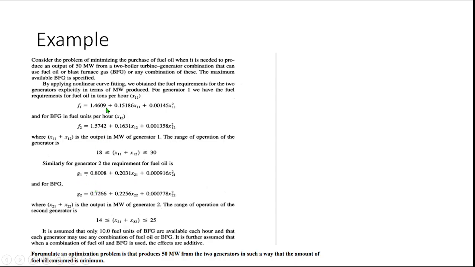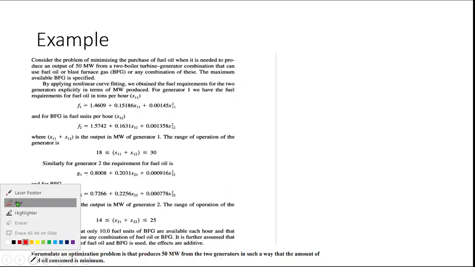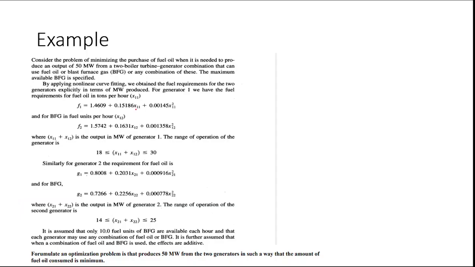If you look at x11, x12, x21, x22, I'm saying this based on the x values. Anything associated with generator 1, the first subscript is 1. But the moment I move to generator 2, the first subscript is 2.